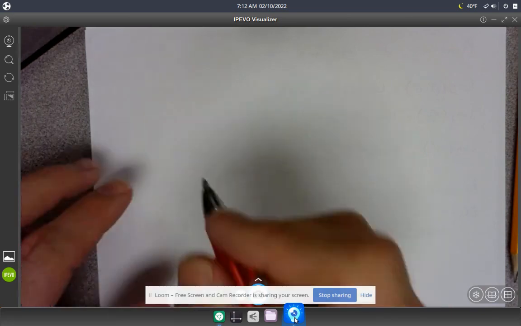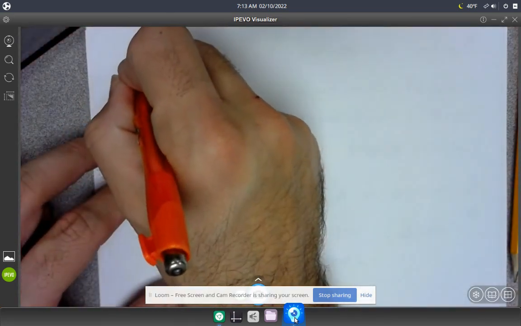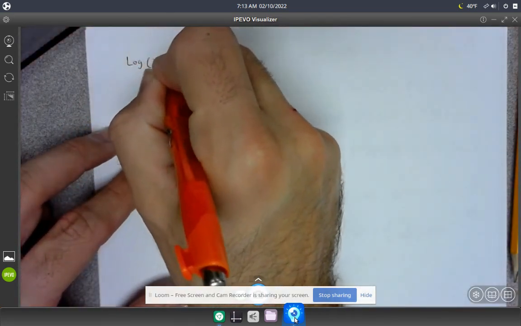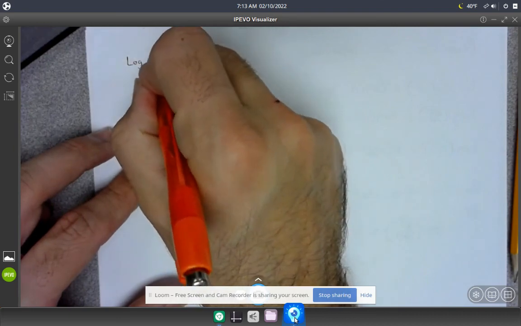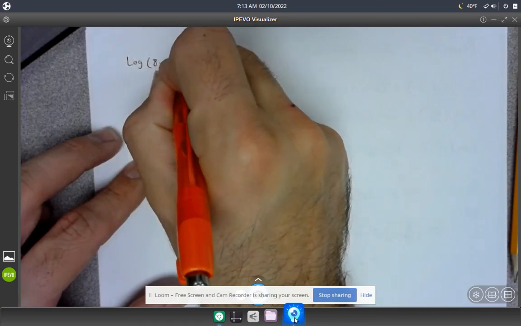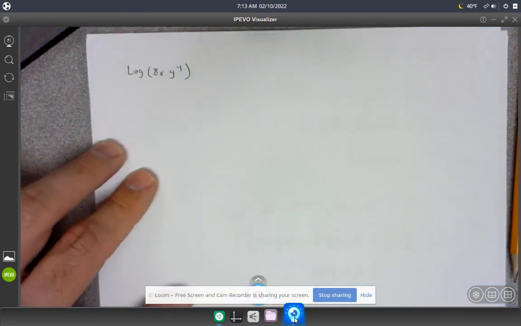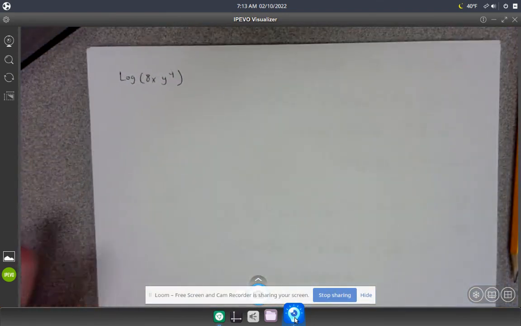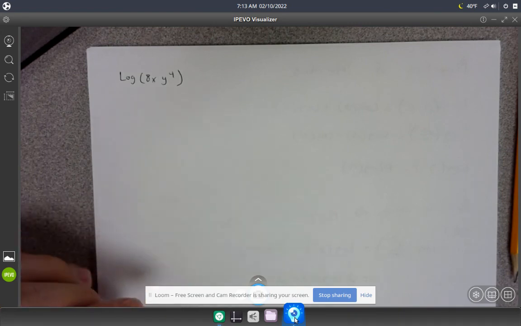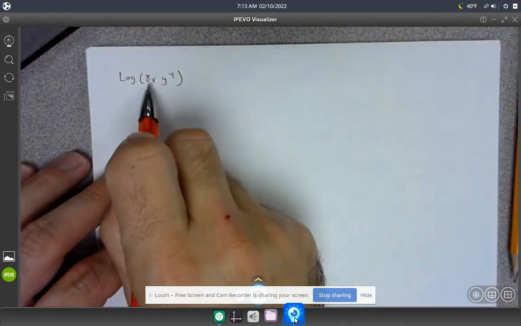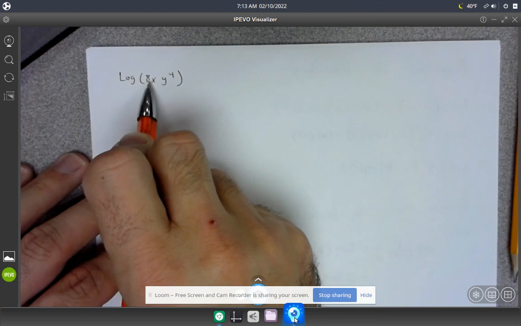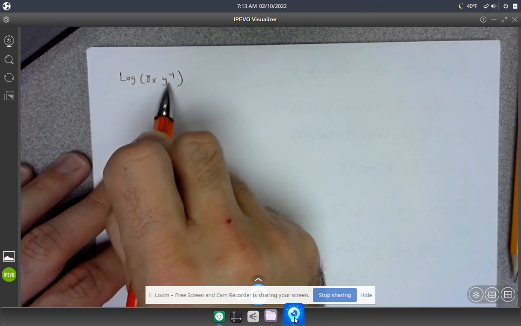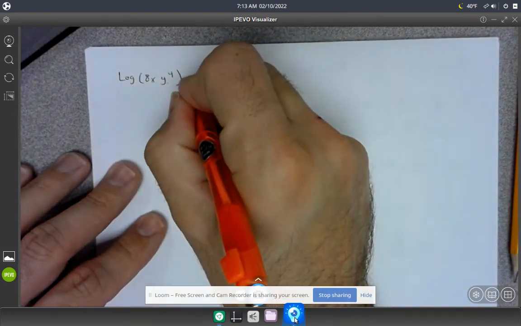Let's look at another one. Let's go with log of 8x y to the 4th. Okay, and we're wanting to rewrite this. We're going to expand it out into as many logarithms as we can, right, using those log properties. All right, so since it's a product, all 3 of these things are being multiplied.